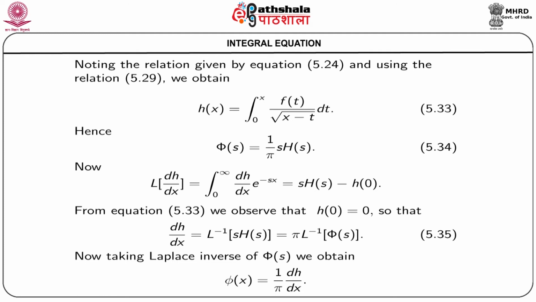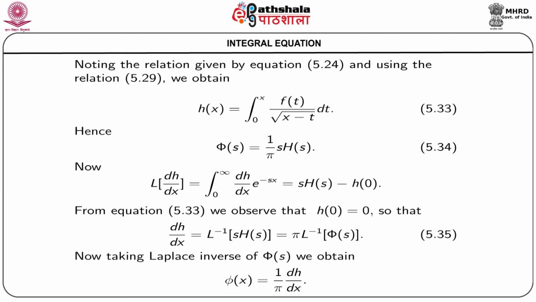Now, from equation 5.33, we see that h at x equal to 0 is equal to 0. So that Laplace transform of dh dx is equal to s into capital H s. Hence, dh dx is Laplace inversion of s into capital H s.